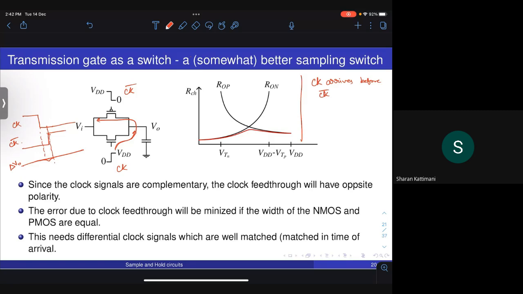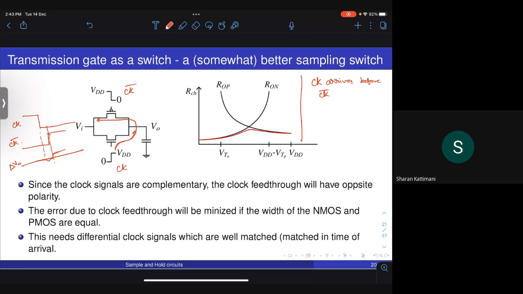Now the NMOS switch has turned off. After that, the clock bar comes and switches off the PMOS, and during its switch off, by its mechanism of clock feed through, it injects some voltage onto the output and produces a small error delta V. Now this delta V will not get compensated.